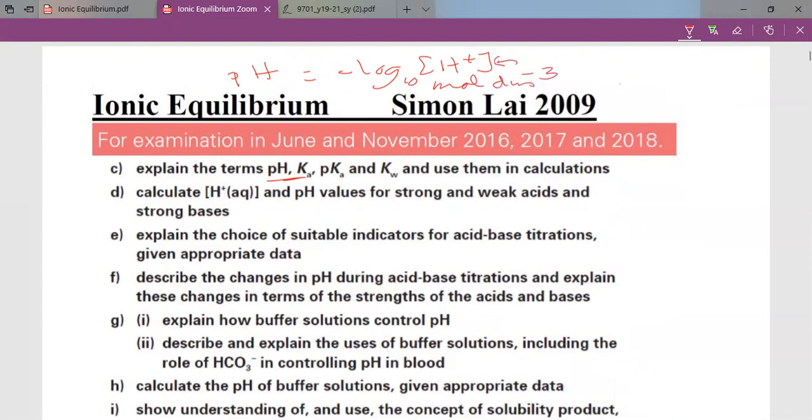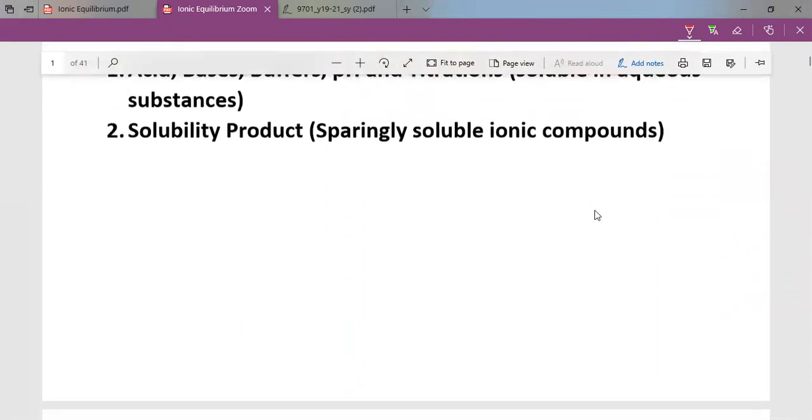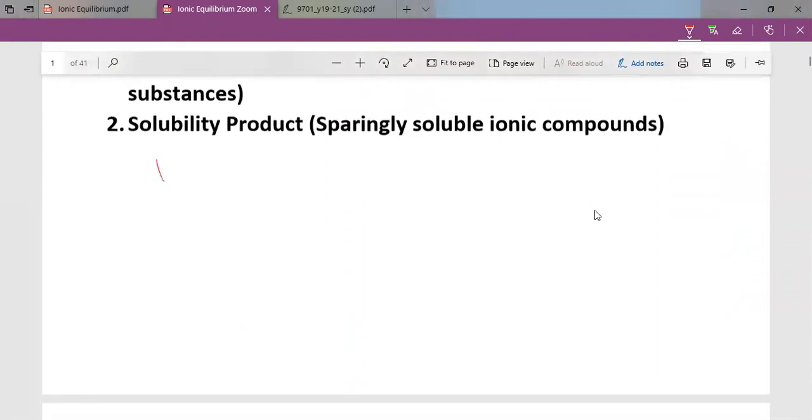Important: Ka, of course, comes from Kc. You know that for acid, Ka is essentially the same as Kc, which you learned in lower 6 for equilibrium systems.